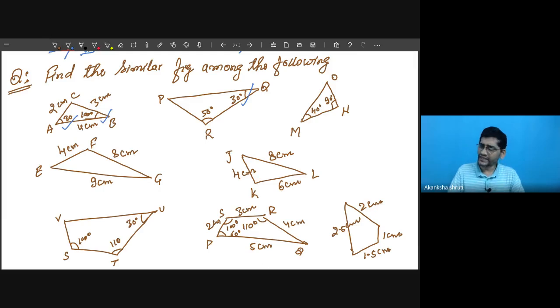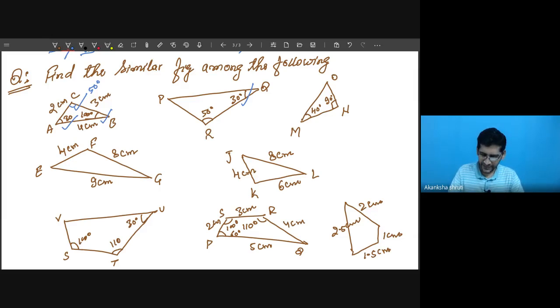We know the angle sum property of a triangle, that the sum of all the angles of a triangle is always 180 degree. Therefore, the third angle C will be 180 minus 30 minus 100, means 180 minus 130, which is 50 degree.